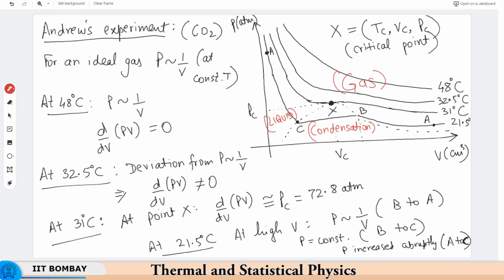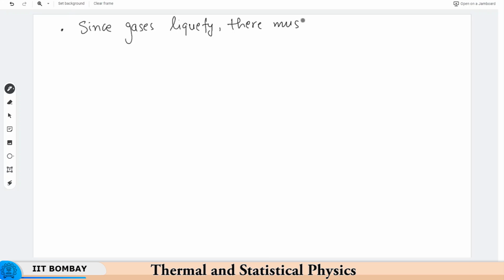So basically the conclusion of this experiment, the main conclusion here, is that since gases liquefy, there must be an attractive interaction between molecules.